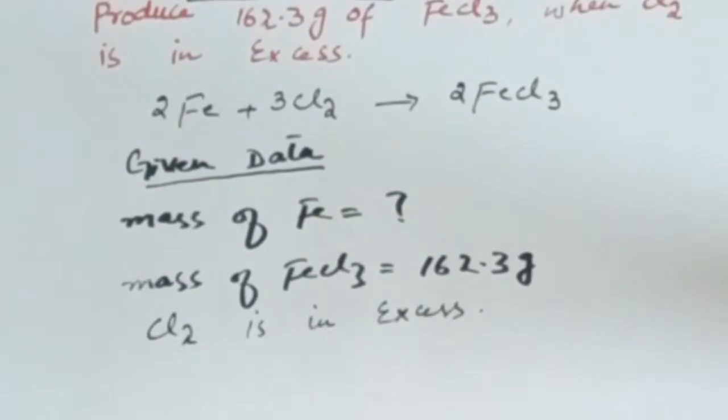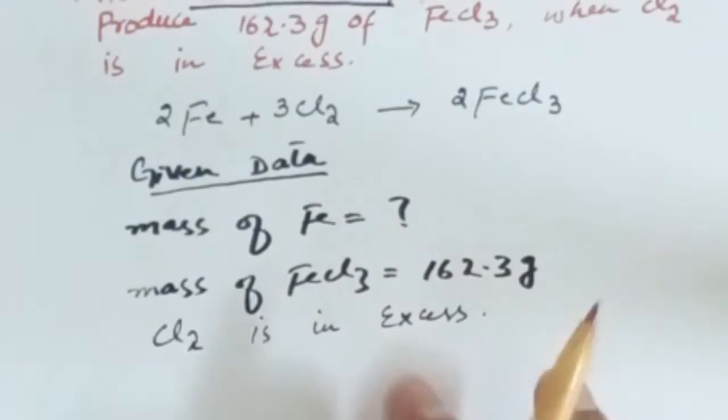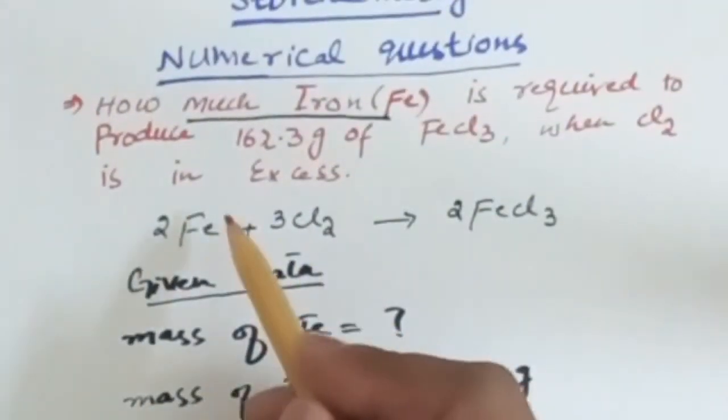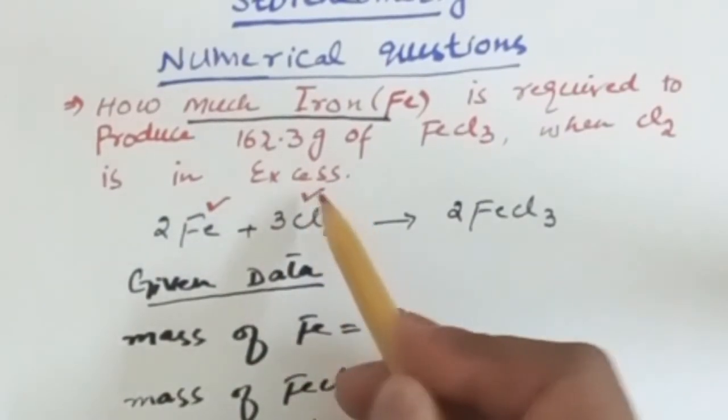Now the question starts from this place. Whatever data is provided to you, you have to tick those which are required and those whose values are provided.